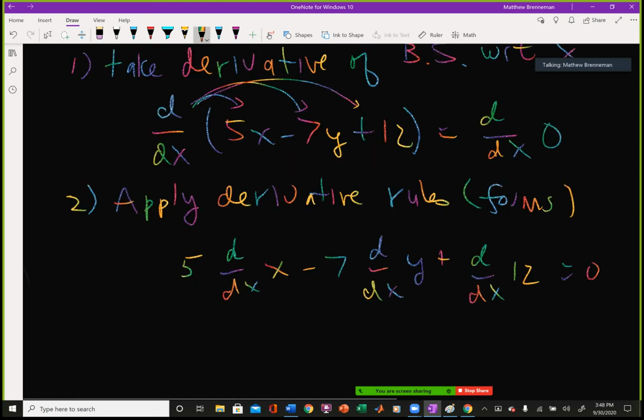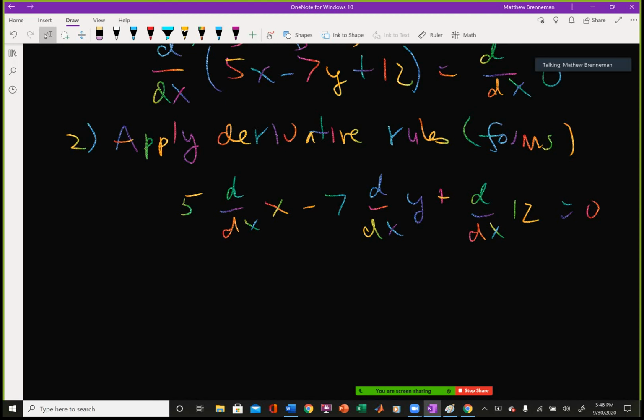And really there's nothing to do here, right? Because the derivative of x with respect to x is 1. And the derivative of y with respect to x is just y prime, right? So not a big deal. Of course, that's 0. So we get 5 times 1 minus 7y prime is equal to 0.